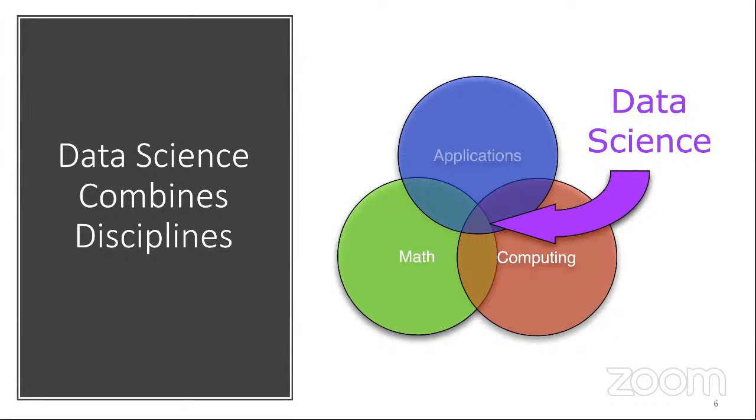So let's take the first one. Data science combines disciplines. There are a lot of Venn diagrams of data science that try to capture this idea that data science is an interdisciplinary activity.